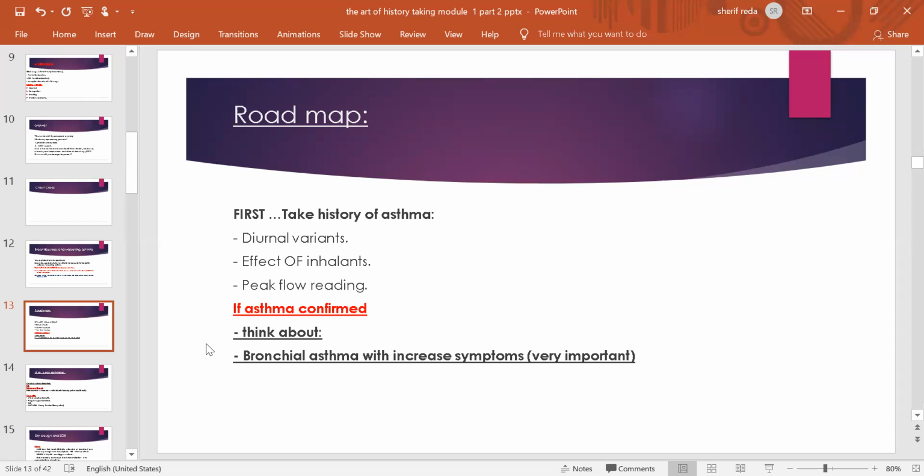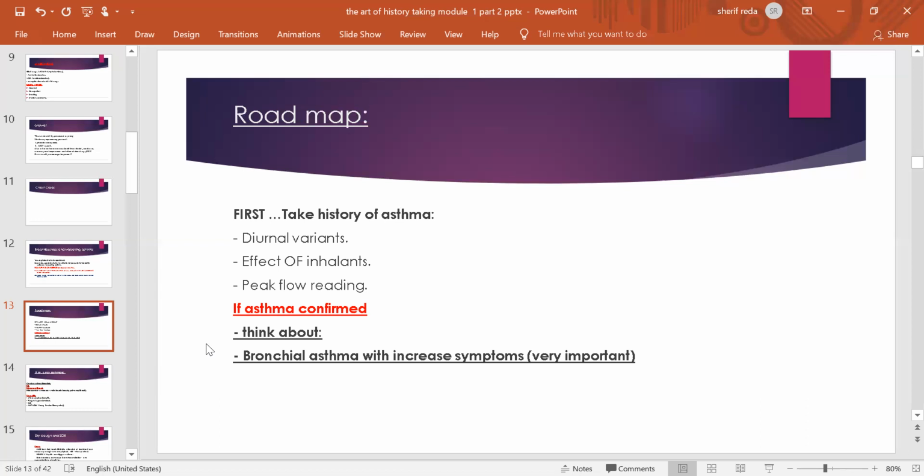The peak flow meter is usually with the patients, and usually they are checking their peak flow reading, and they are always taught by the family doctors how to read the peak flow meter and how to follow the readings, and also to report once they have any major change. So you have to ask him about his peak flow reading.